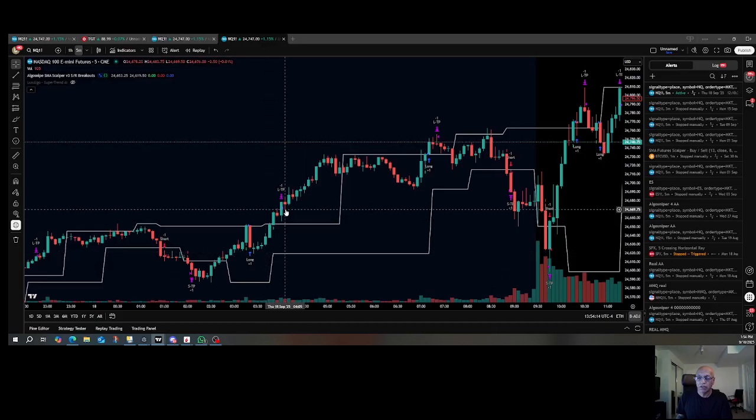But you don't have to. You can also do this: if the algo comes below here and closes below this line, that could be your stop loss.